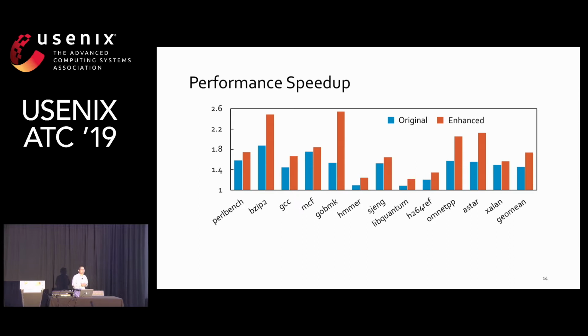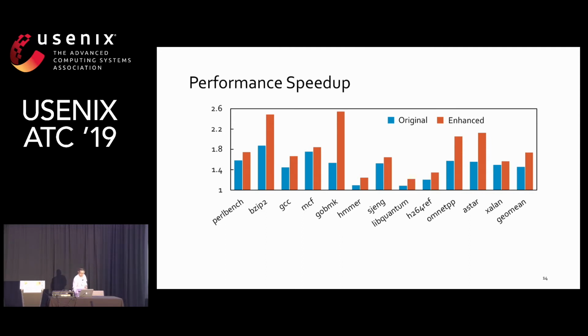The performance baseline is the existing IR-based translation in QEMU without using any learned translation rule. As shown in this figure, we can achieve around 1.7 times performance speedup on average compared to QEMU. And for some applications such as GOBMK and BZIP2, the performance speedup can be as high as 2.5.